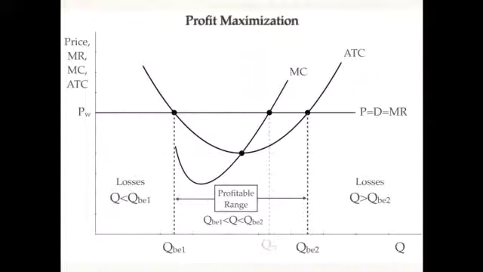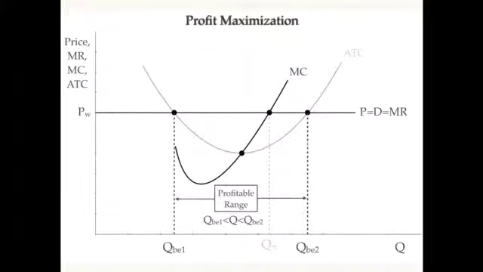But we're looking at profit maximization, where profits are at a maximum. So we want to take a look in particular at the difference between marginal cost and marginal revenue at these different output levels. I can show you that right there for the output levels represented by these two arrowed lines. You can see that marginal revenue is greater than marginal cost.